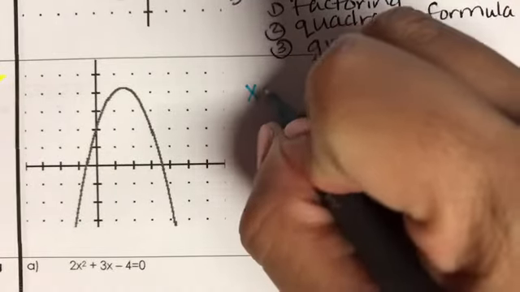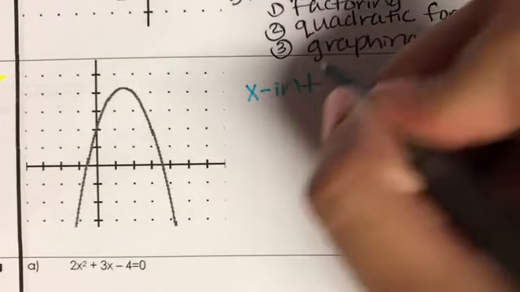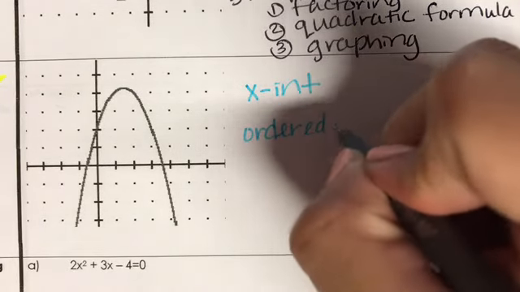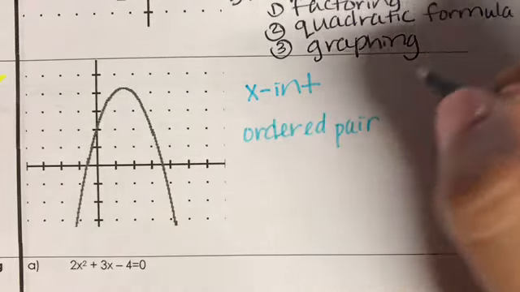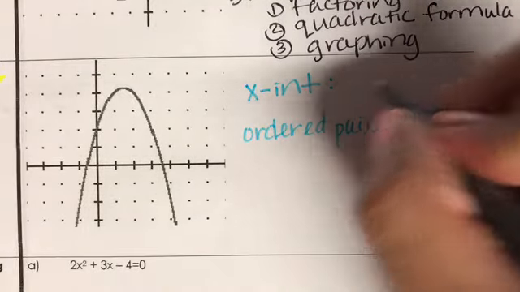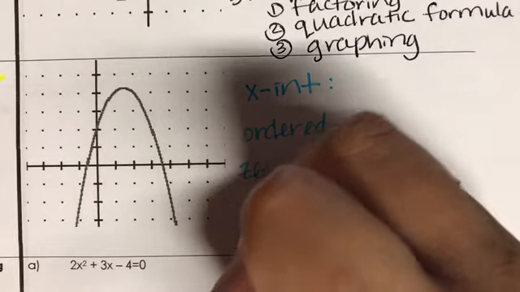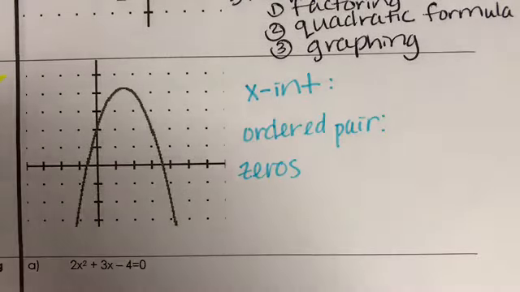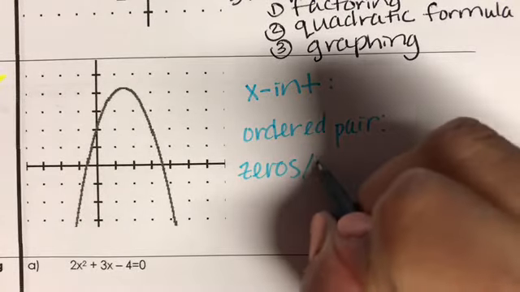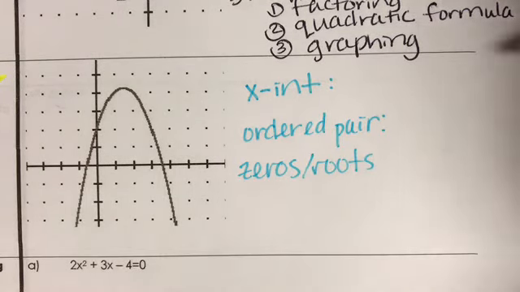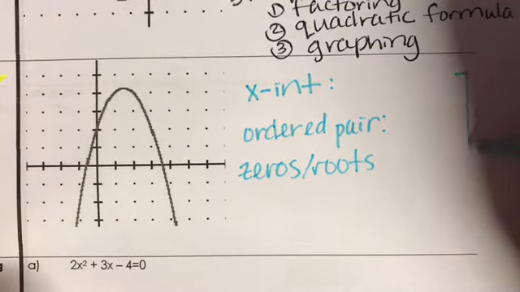So let's say, for instance, I wanted the x-intercepts, the ordered pair, or the zeros. This would be the same thing as roots, or all of these are solutions.